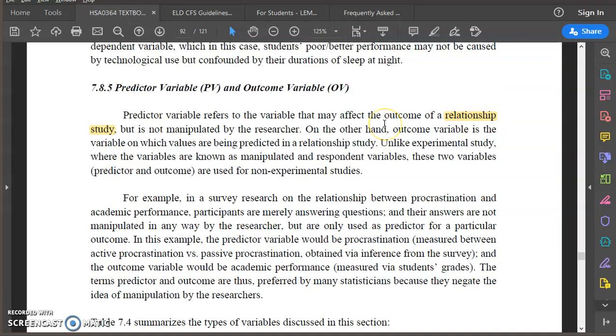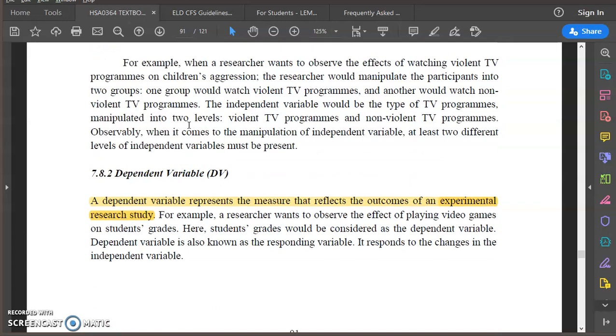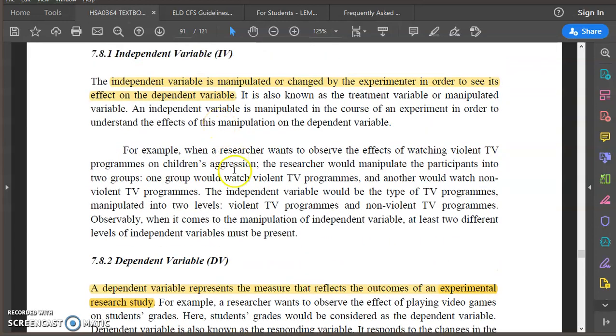Okay, now if you look at the predictor variables and the outcome variables, these types of variables are used in a relationship study. Whereas if you look at the independent variables and the dependent variables, these two, it's used in an experimental study.